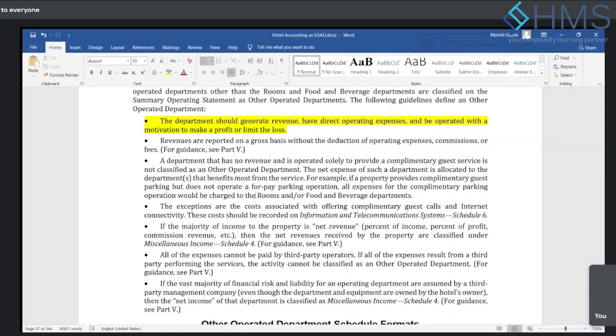You have to make a judgment of how many different types of departments you have. You may have a souvenir shop. Now, for the souvenir shop, most of the time the motivation is to make profit, not to run it at a loss. But there may be some other departments.